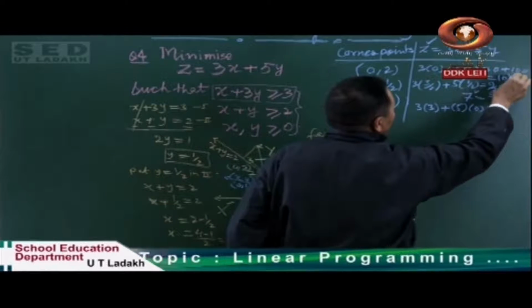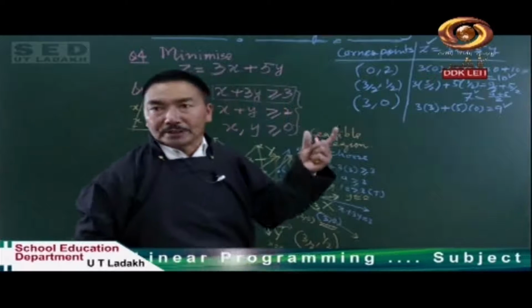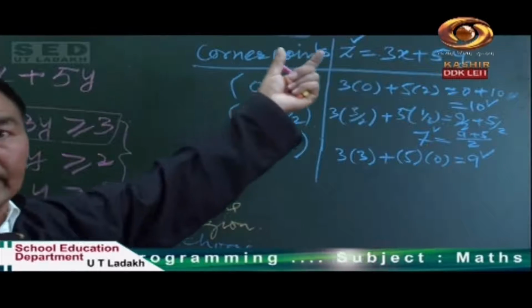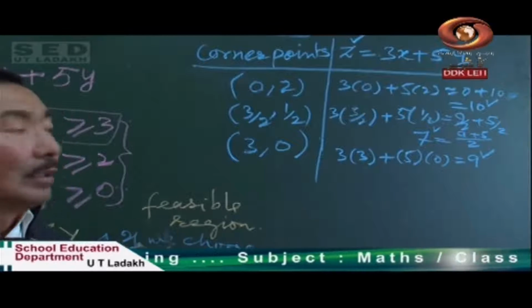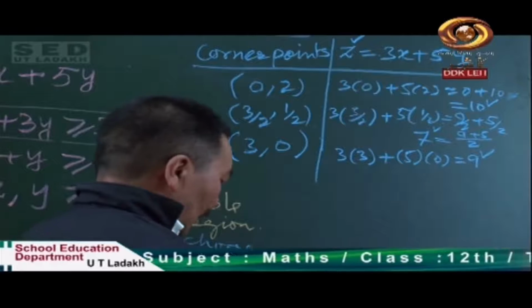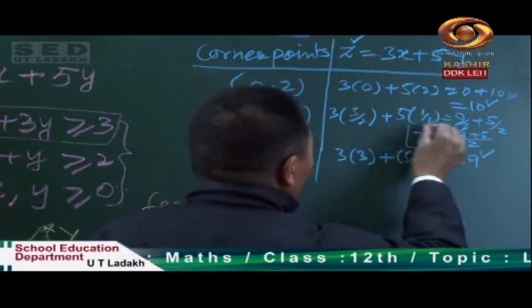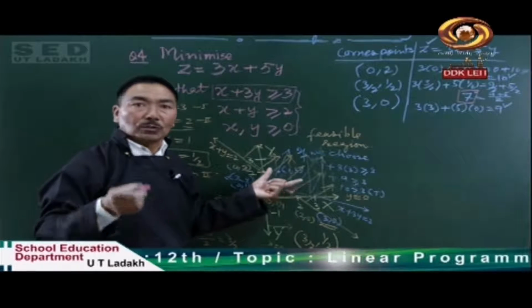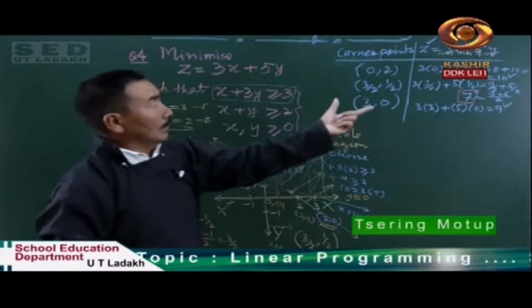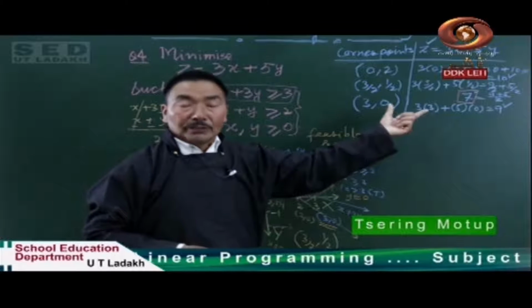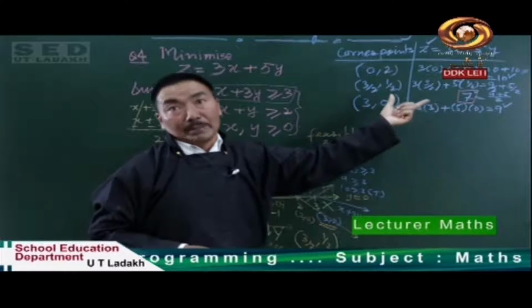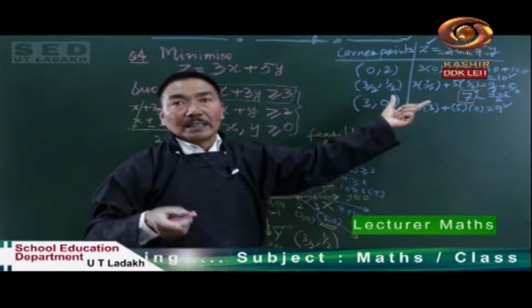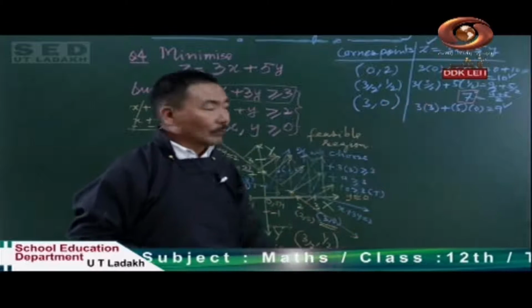We have 3 values of z: 9, 7 and 10. Which is the minimum value? Obviously the minimum value is 7. But this feasible region is not bounded, so we have to verify it, because 7 may be the minimum value of z, but may not be.